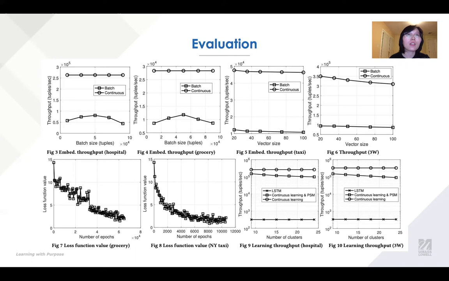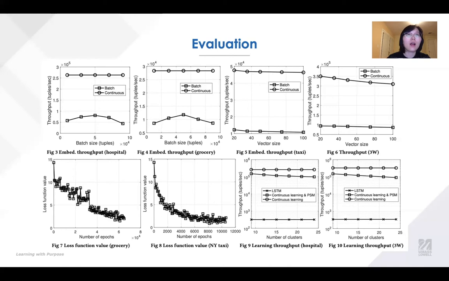In both figures, the throughput slightly decreases as the size of embedding vectors increases, but the throughput of continuous learning is 4 to 5 times that of the initial bunch learning for the New York taxi data. Next, we evaluate the quality of our continuous learning.